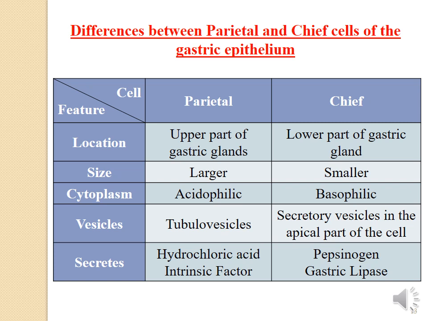The cytoplasm is acidophilic in parietal cells due to the presence of mitochondria, whereas chief cell cytoplasm is basophilic due to the presence of rough endoplasmic reticulum. Now, regarding the vesicles, in chief cells we have secretory vesicles found in the apical part of the cells.